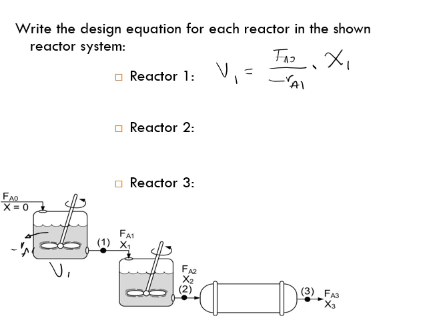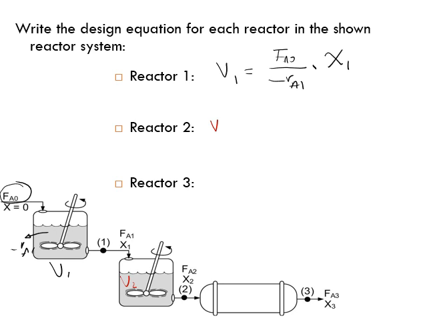And of course, we have here reactors in series with no side stream, so all our calculations, all our conversions are based on the feed to the first reactor. So let's write the design equation for the second reactor. Therefore, we are interested in V2.